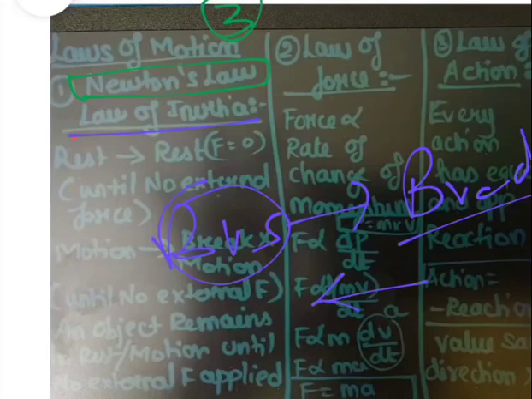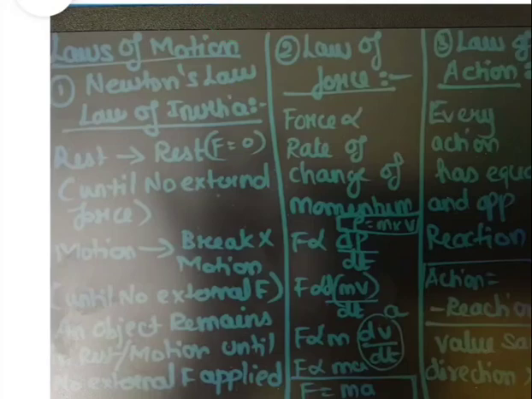You have observed this while traveling in a bus, car or train, that you experience a backward force. It is a kind of opposite force that is due to the law of inertia, that is the ability of the object to remain in its motion or in its rest form until and unless an external force is applied to that object.